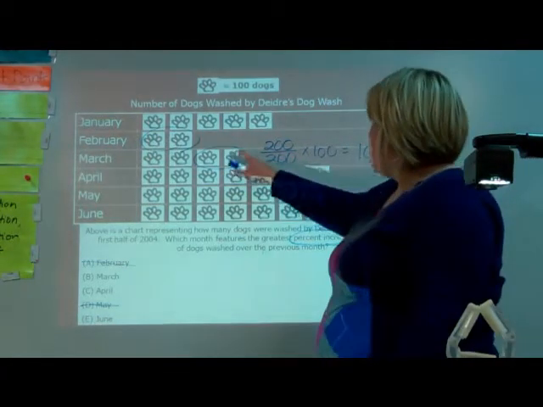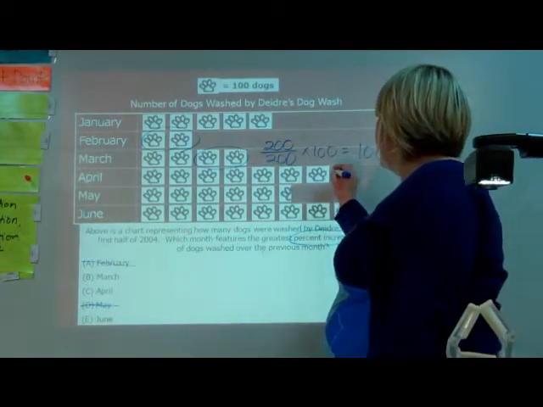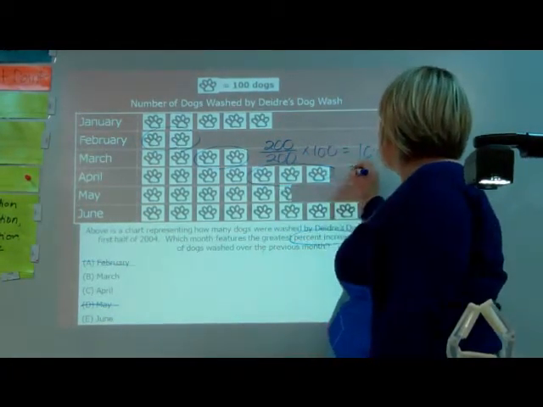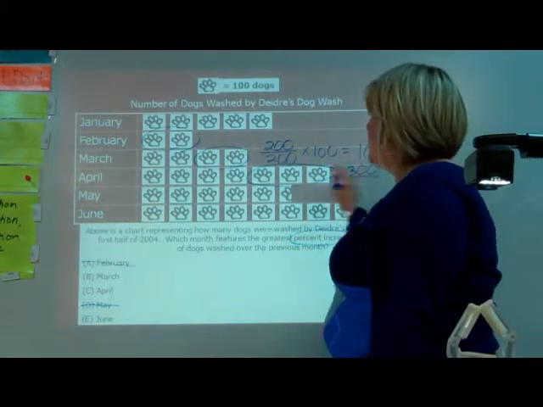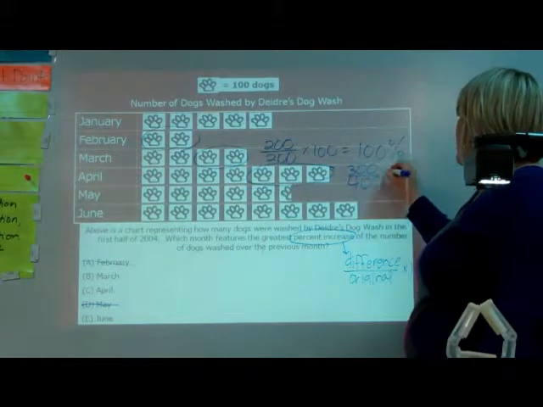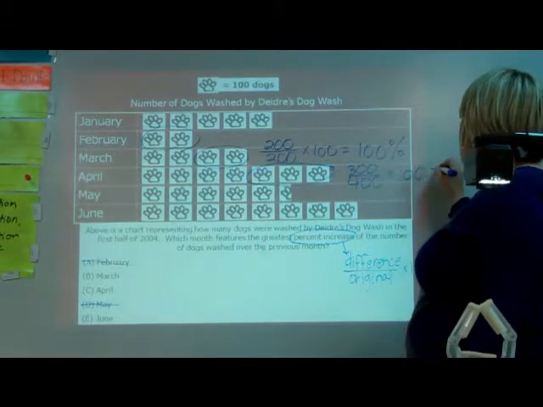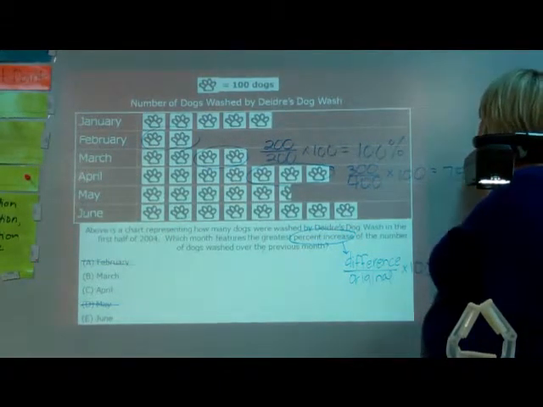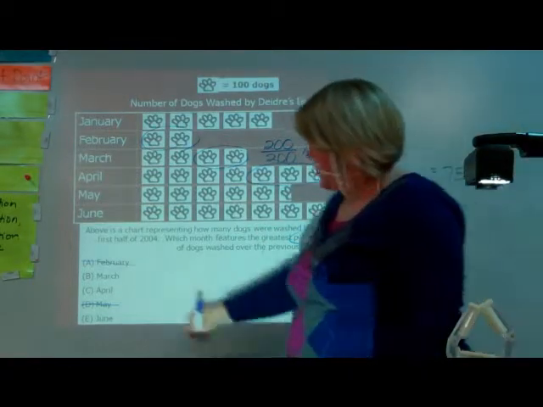Okay, so then from March to April, the difference is 300 over the original. In March, she had 400. This is a 75% increase, so it's not April.